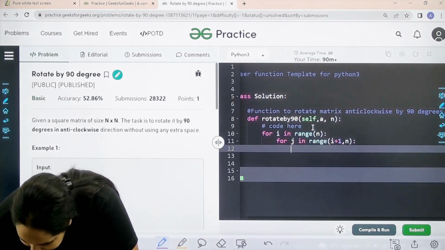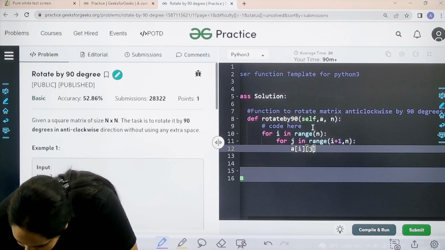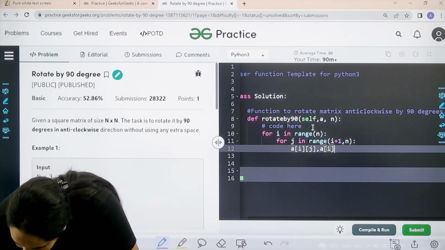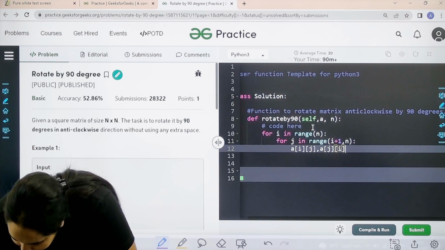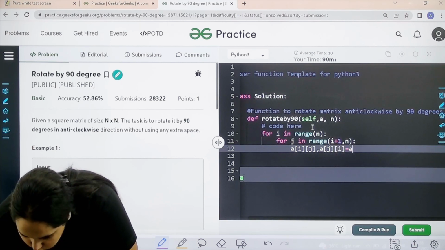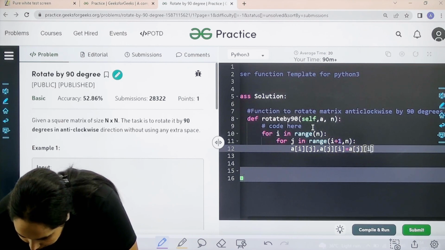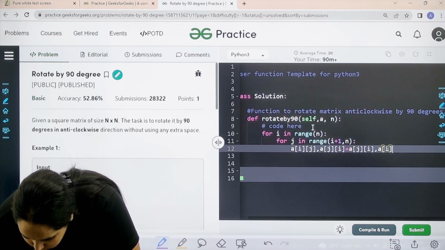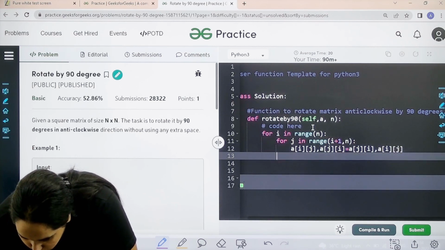Next I have a[i][j], a[j][i] = a[j][i], a[i][j]. Over here I am swapping them.